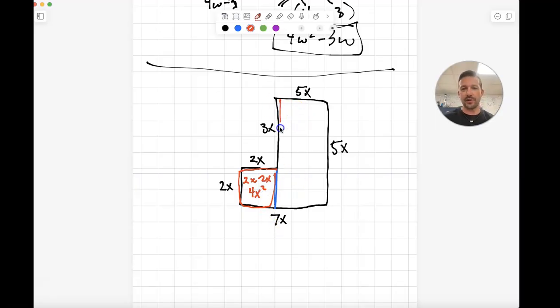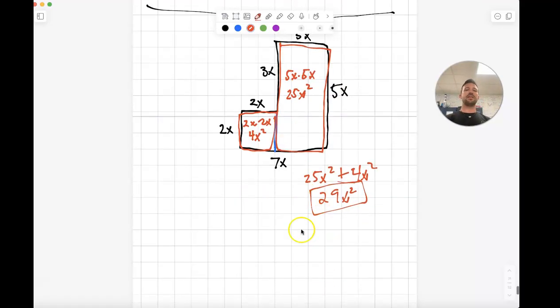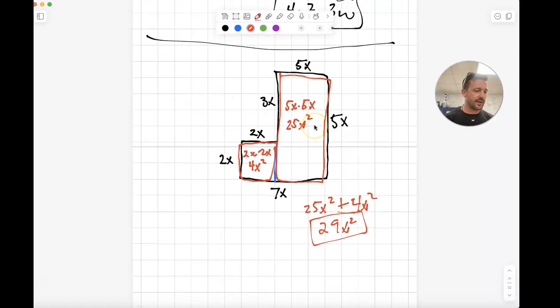Then this larger rectangle looks like it would be 5x and 5x. If you multiply those, that comes out to 25x squared. It says, what's the area of the whole thing? Well, we need to add them together, right? And since these are like terms, they just add straight together, so 29x squared. And that would be the area of that full thing right there.